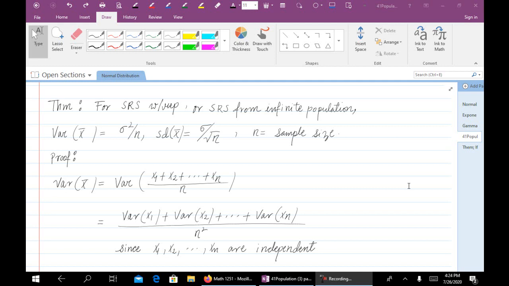Welcome back. We now look at the variance of the sampling distribution of the sample mean.